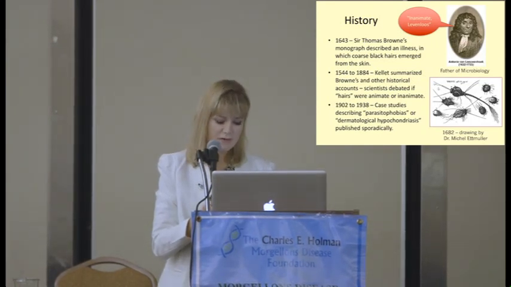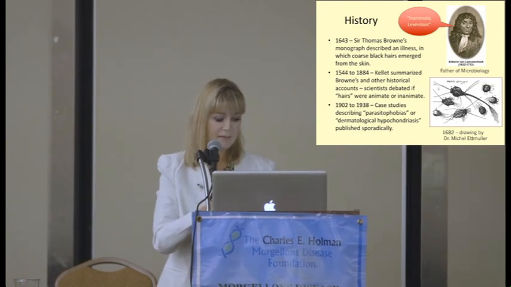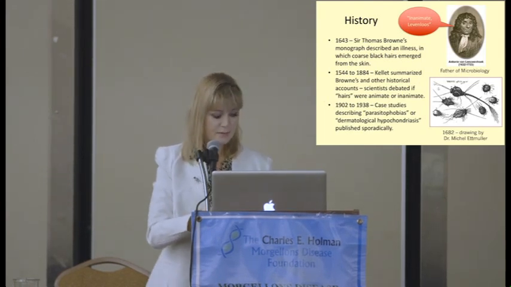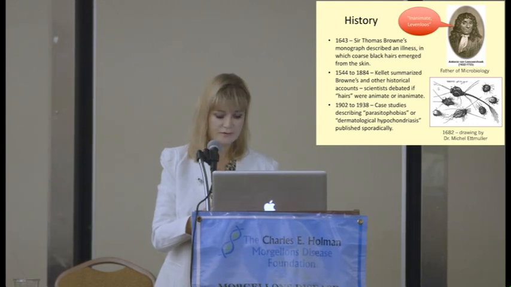There was a mention of hairs or worms, and these were described as black with protruding heads. But they were also described as comedones, which are like blackheads, just a technical word for it, that protruded from the skin. The children had other symptoms too, described as coughs or convulsions.